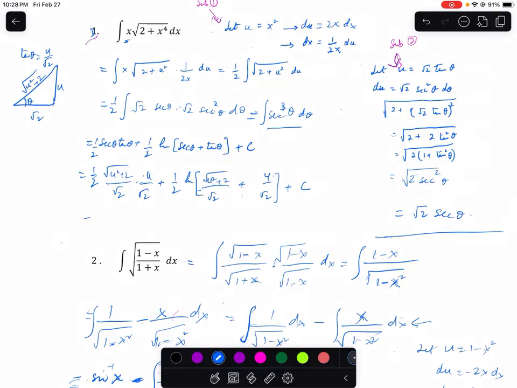Now we replace the u with x squared. So the final answer will be, well, this is giving you 2, so we get 1 over 4 now. And then I have u times this quantity.